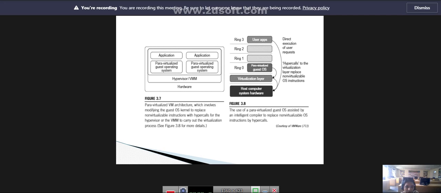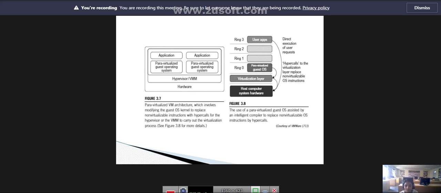So the user application is running on the host computer system hardware and executing. The para virtualized guest operating system passes to the virtualization layer. After that, it sends to the host computer system hardware. So this is the diagram and explanation of the para virtualization.